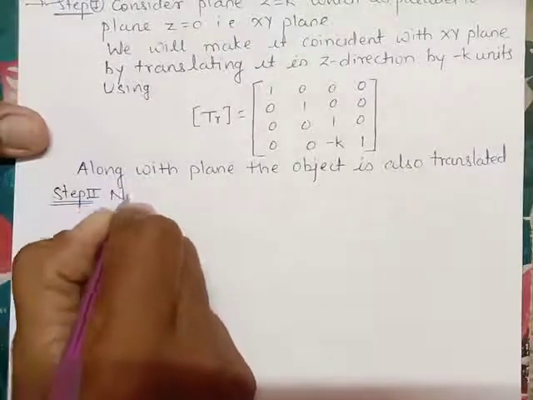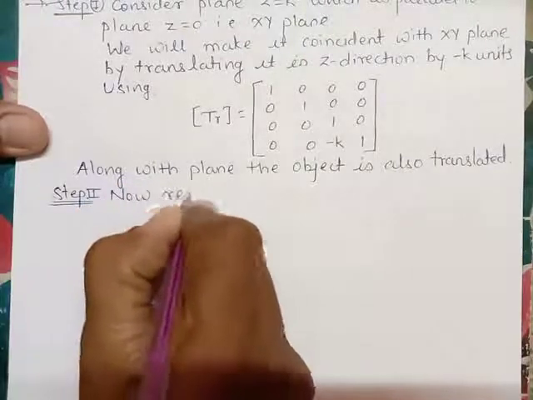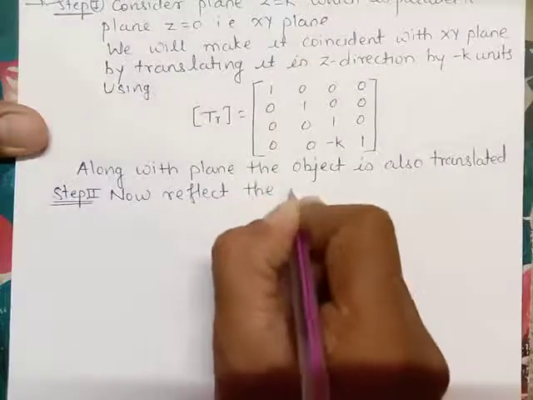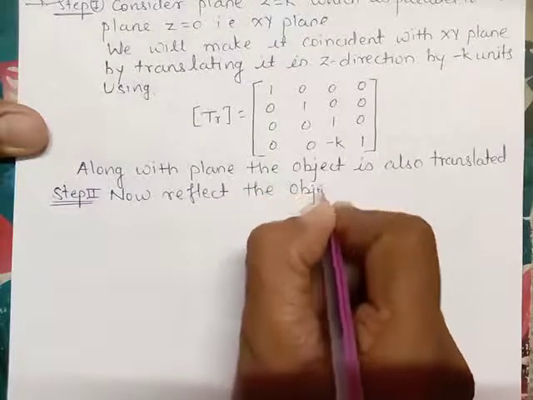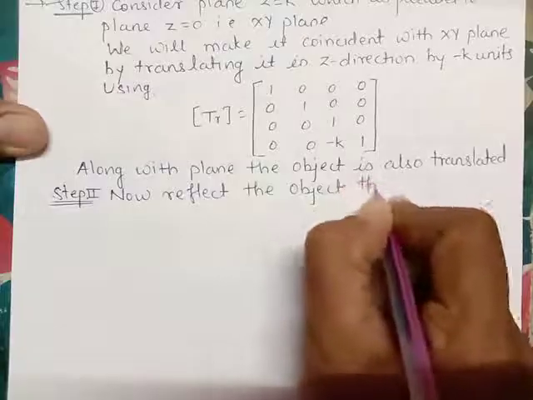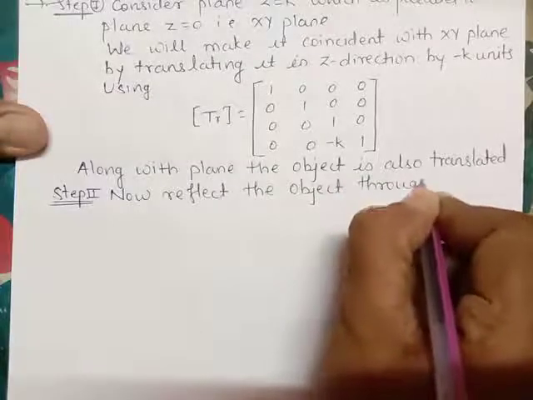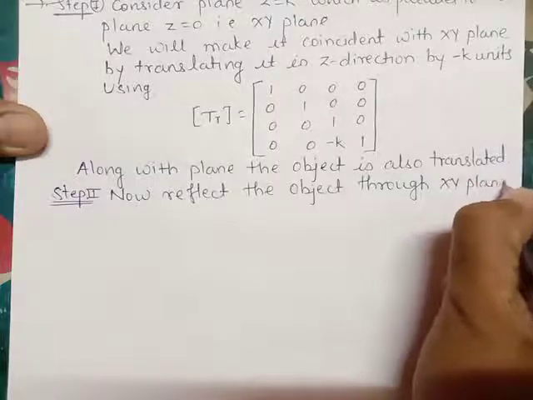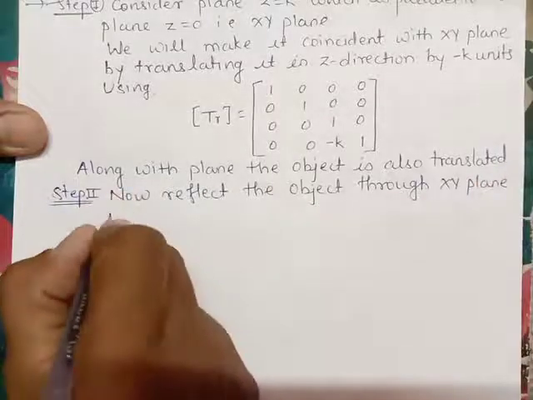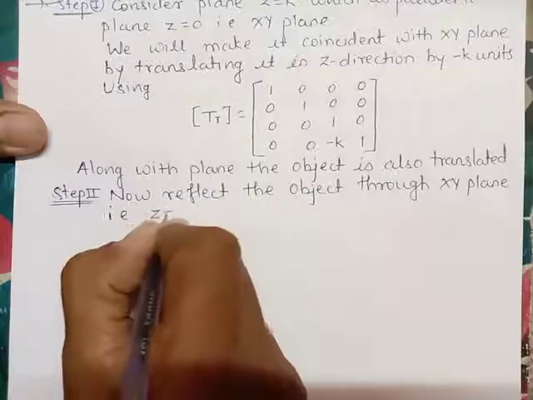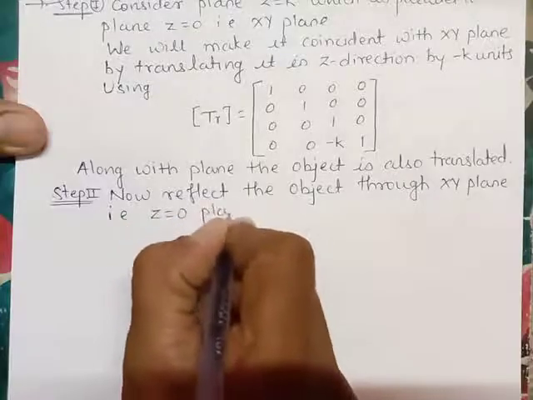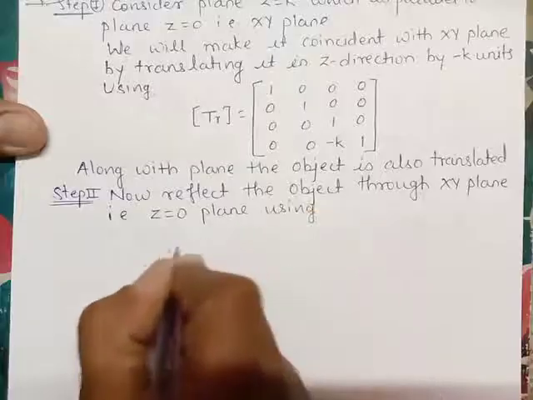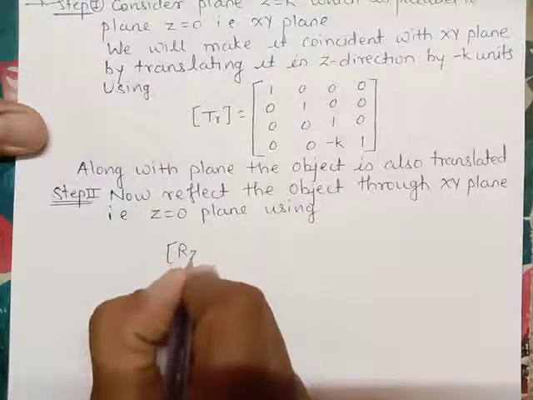Now reflect the object through xy plane, that is z equal to 0 plane, using what is the matrix there?